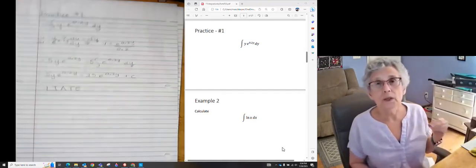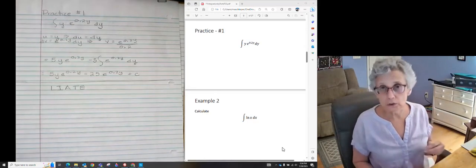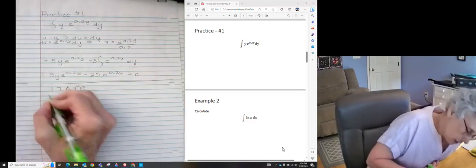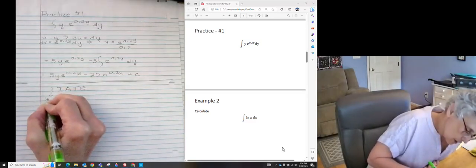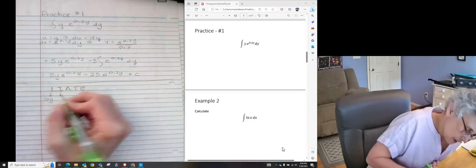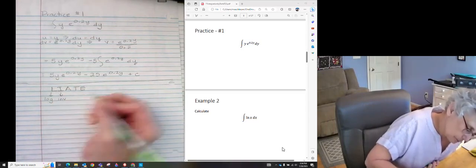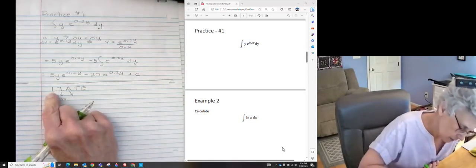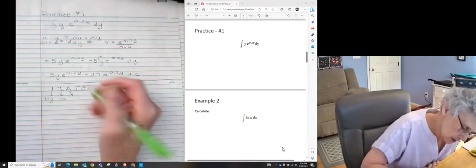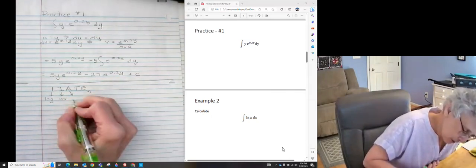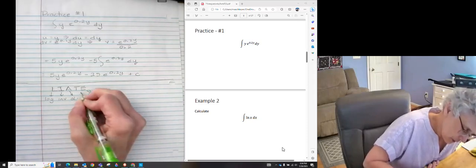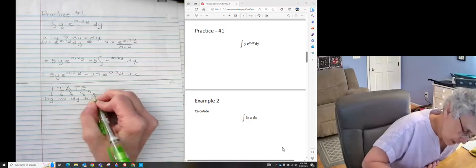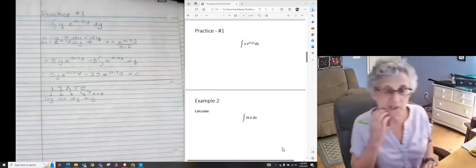Which brings us to LIATE. When it comes to choosing your u, you follow this little acronym here. Logs, inverses, algebra, trig, and then exponential.